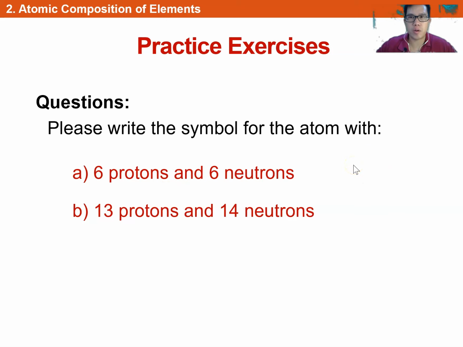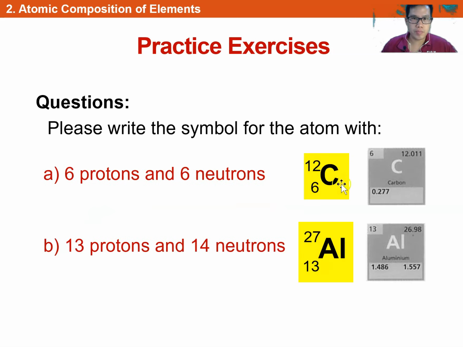Okay, let's try. Alright, so 6 protons is carbon. You can see from the periodic table, corner here, 6. So it's carbon. We put the number of protons here, 6. In this case, the nucleon number at the top is 6 plus 6 equal to 12.